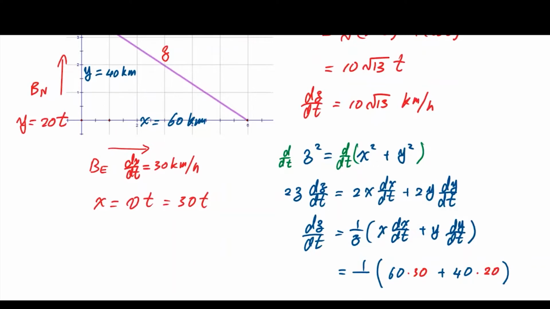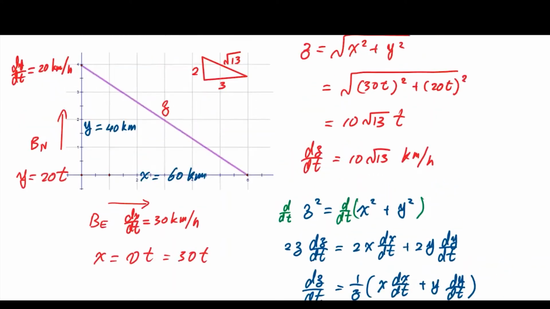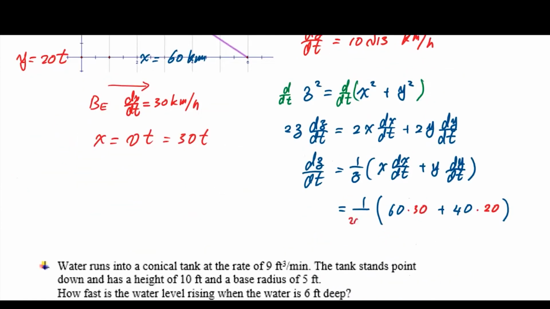So far, so good. Now we have to calculate z. Well, once again, this triangle is now exactly 20 times bigger than this one, and they are similar triangles, aren't they? So this is 20 root 13. And plug it in here.